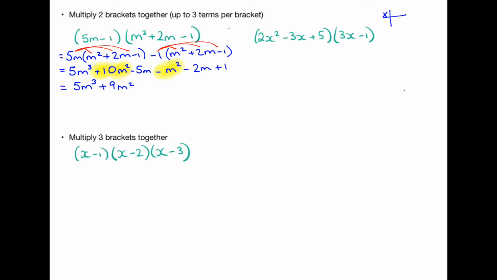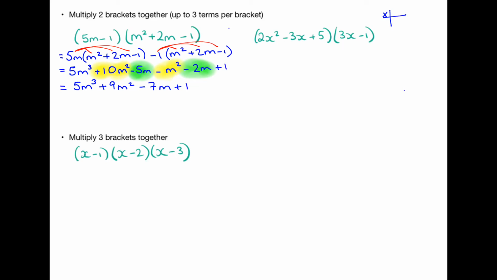And then if we look at the m's, we've got minus 5m there and minus 2m there, so that gives us minus 7m altogether. And we've still got a plus 1. Okay, so that's the first one, and you're going to end up with 6 terms because you're doing 2 terms times 3 terms, and you just need to remember and simplify carefully afterwards.